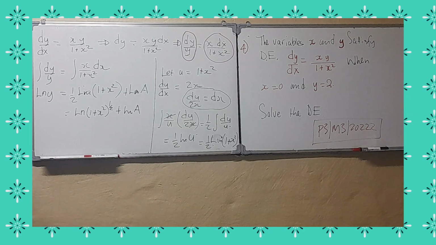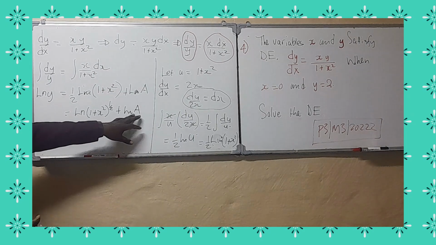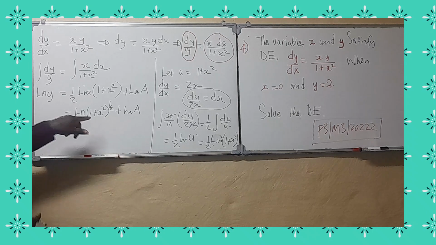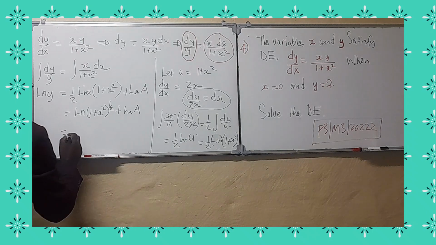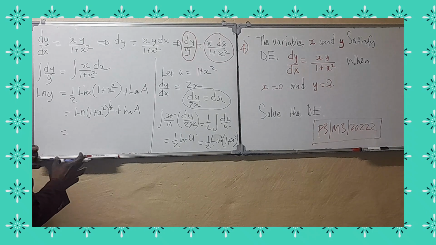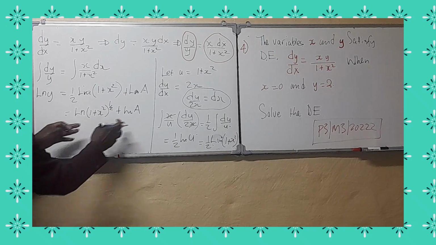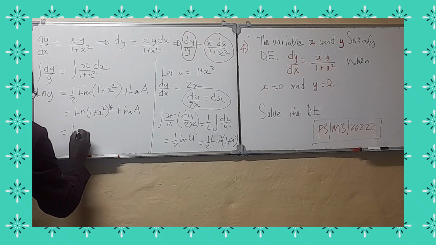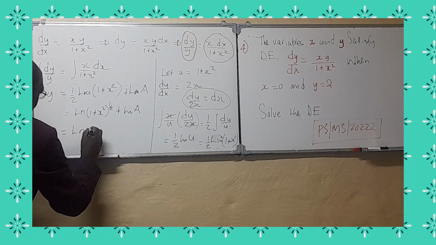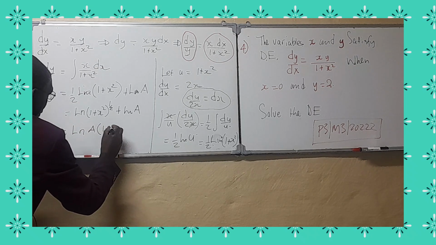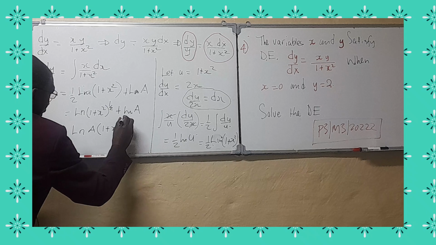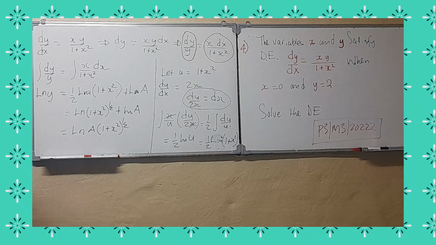Again, laws of logarithms. These two logarithms are adding together, so we just multiply. Remember, log of a plus log of b is equal to log of ab. Log of a minus log of b is equal to log of a divided by b. That's what we're doing here. So this multiplies and it becomes ln a, brackets 1 plus x squared to the power half.